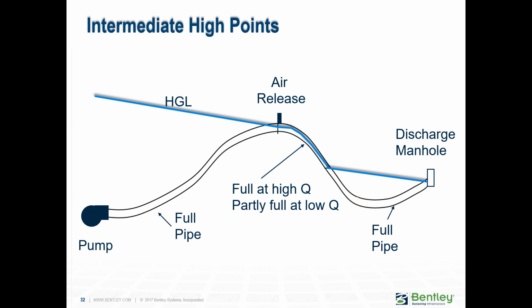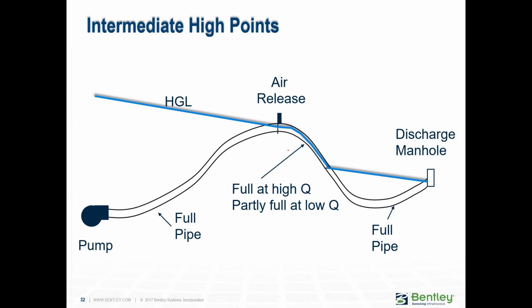Another consideration that might happen is high points. Intermediate high points are actually a little bit difficult to design and model, because if there is no air release at the high point, your system can behave as a siphon at some times. But the problem with this is that gases build up wherever we have these high points. So what do people do typically? They put an air release here. Why?